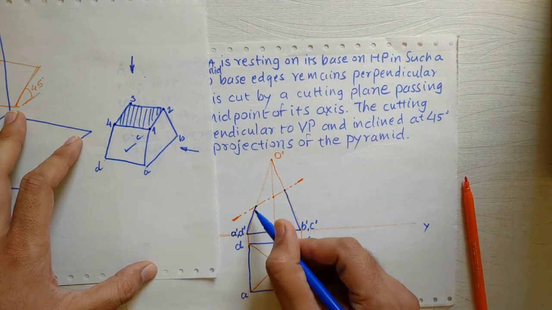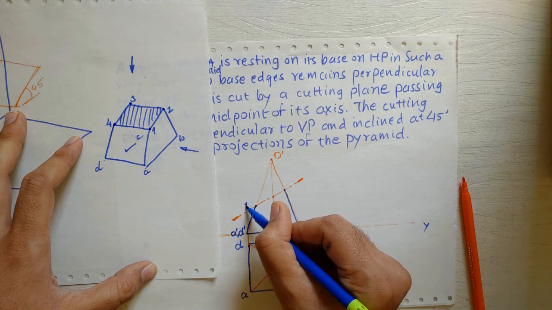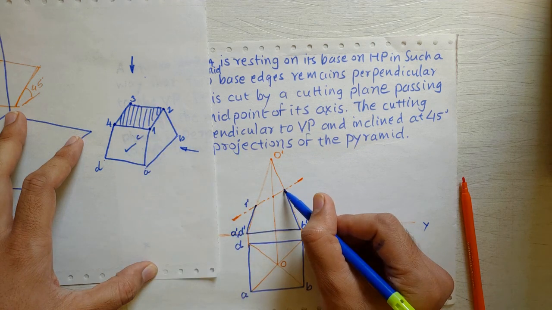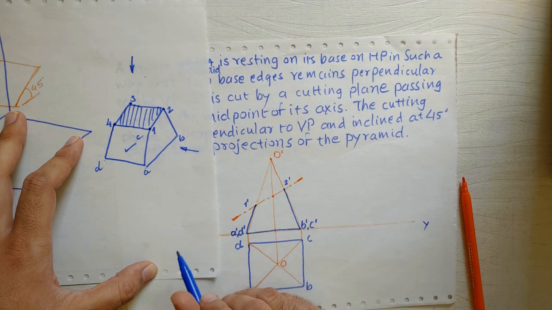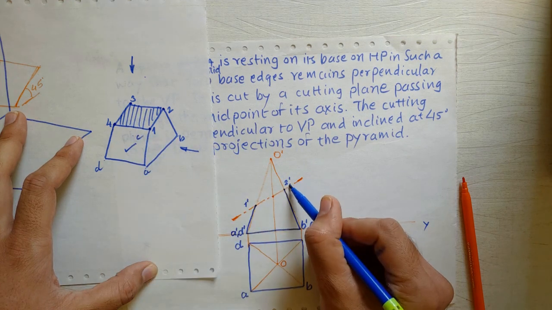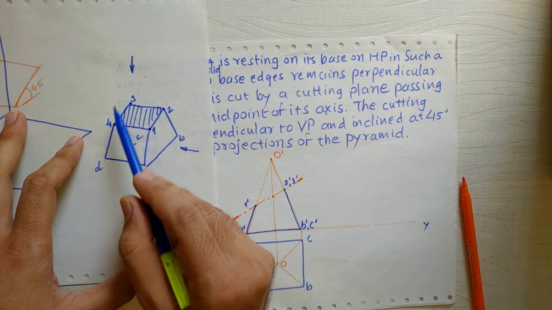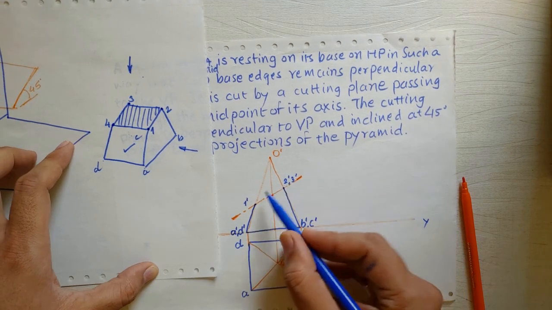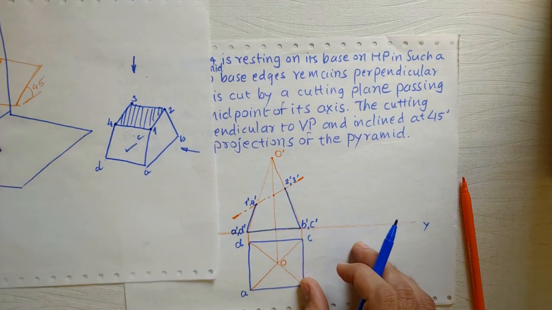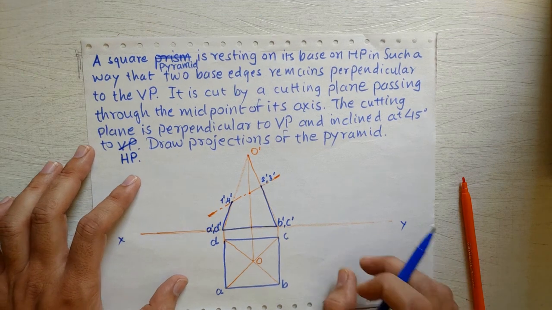A prime to O prime, it is 1, so I will say 1 prime. B to O it is 2, so I will say 2 prime. C to O it is 3, so I will say 3 prime, because this is O prime C prime also. And D to O has 4, that means this is 4 prime. So I have 4 new points generated now after cutting.